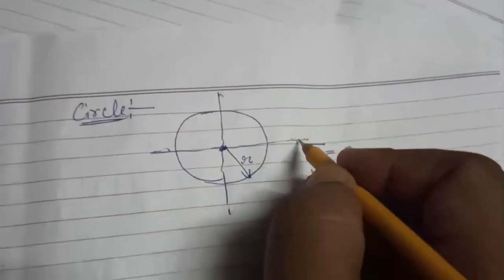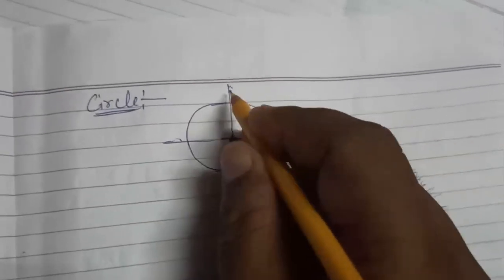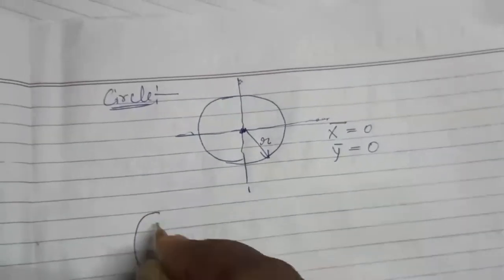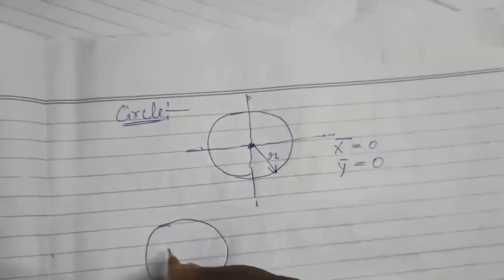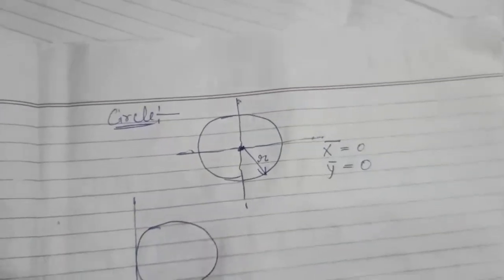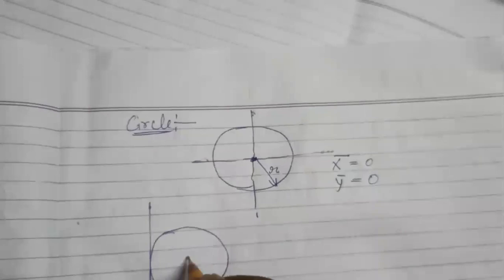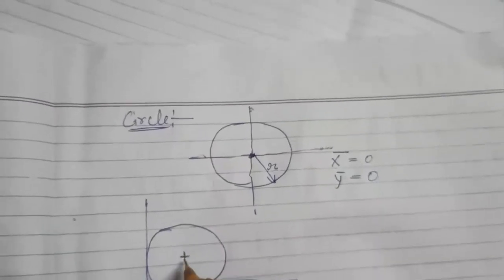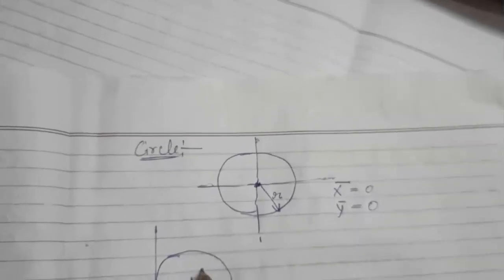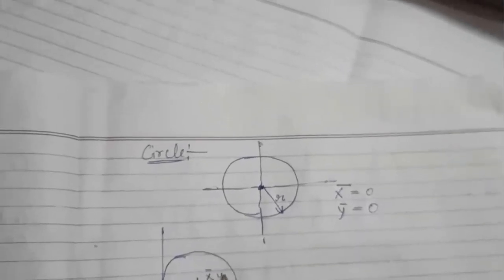If the reference lines are taken differently, if the circle is like this, the reference line one is here and the other one is here, in the same circle with radius r, then this is the centroid, x bar and y bar.